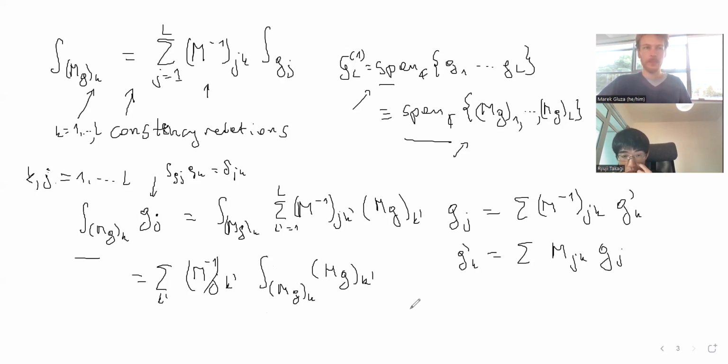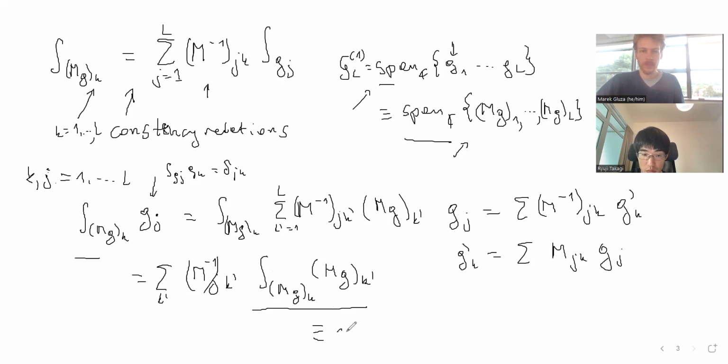So we would like to postulate that. So the story was I defined this in a basis. I defined it in the initial set of generators. Then I said that because we are using invertible matrices, then this G1 space is the same. So we need some consistency relations, and we want to define this integral in any basis. So the natural definition is to say that this is again a Kronecker delta.